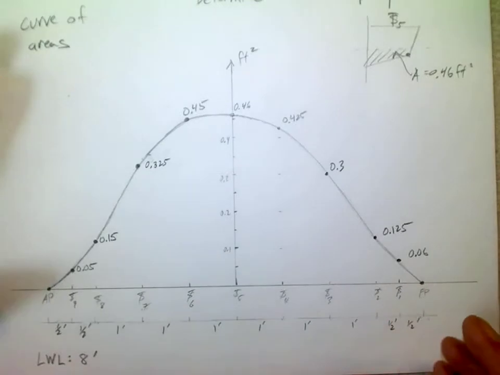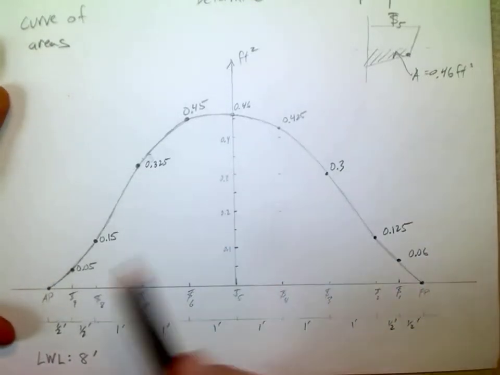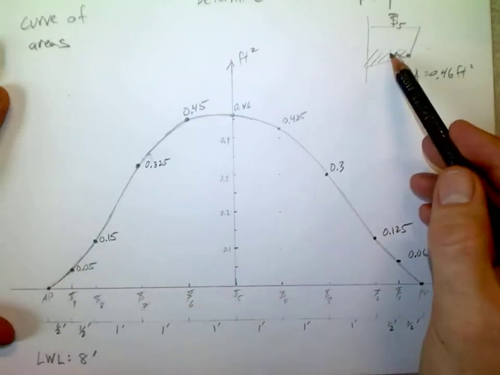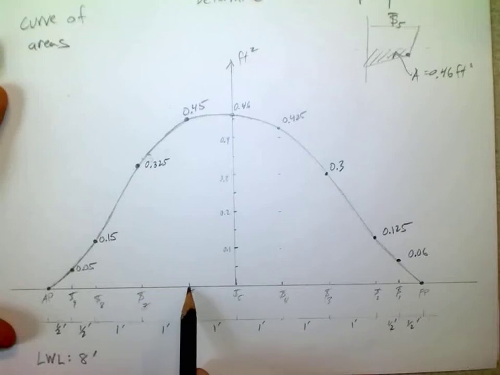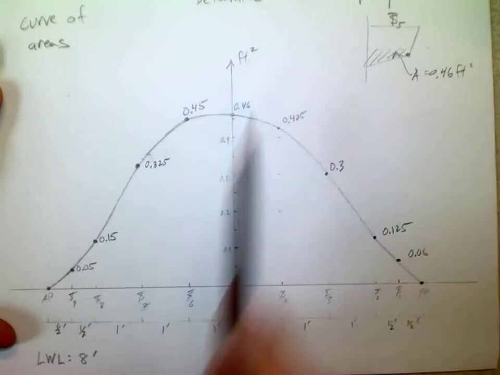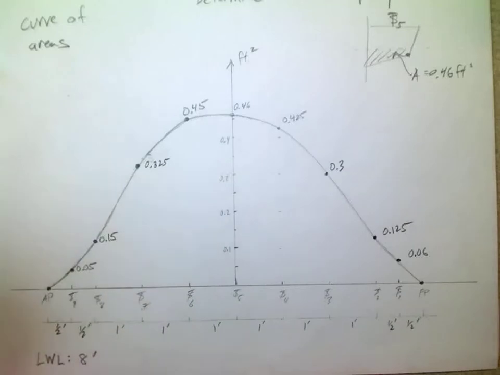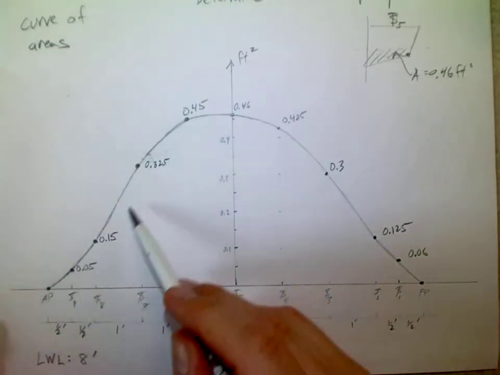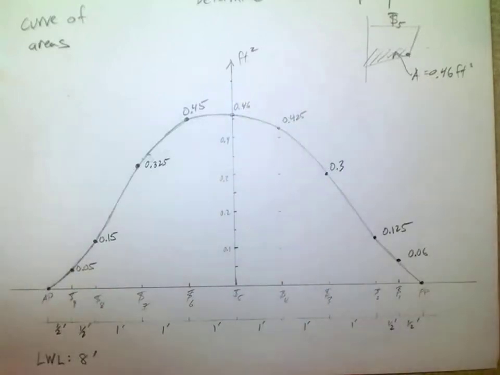Okay, so now the general concept is each one of these represents an area at a particular section. If you multiply that area across a linear distance of the boat, we're going to end up with volume, because it's feet squared times feet. So for you calculus people, you'll recognize that the area under an area function will give you volume.